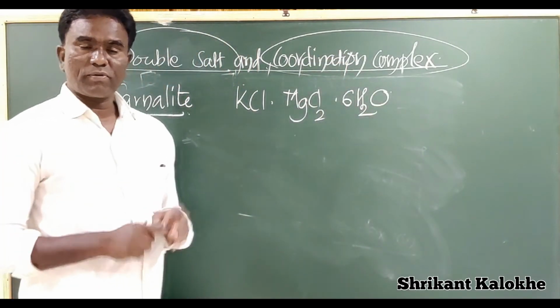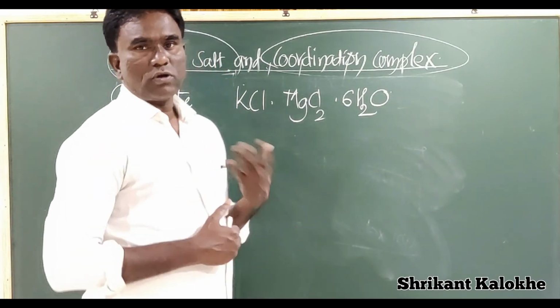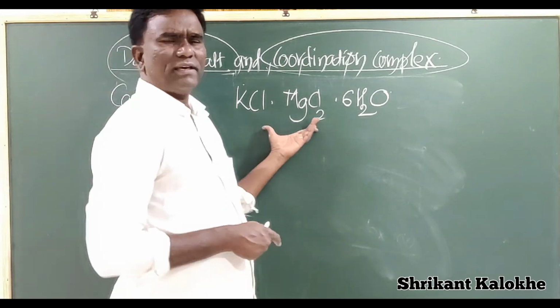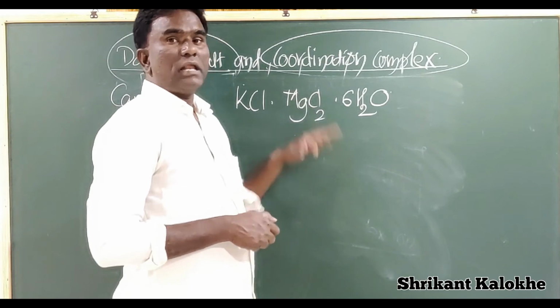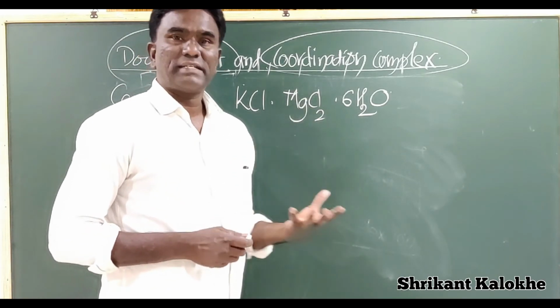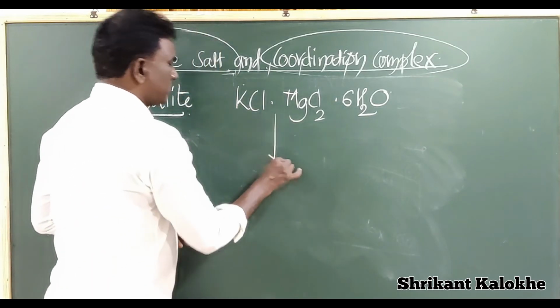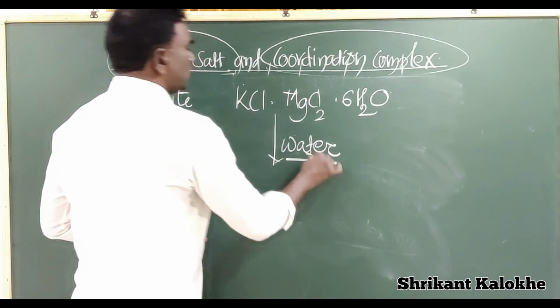It is very simple from that formula to identify whether the compound is a coordination complex or a double salt. You can see there is no square bracket, which means no coordination, but let us find it out in the practical way, and for that purpose you dissociate this salt in water.